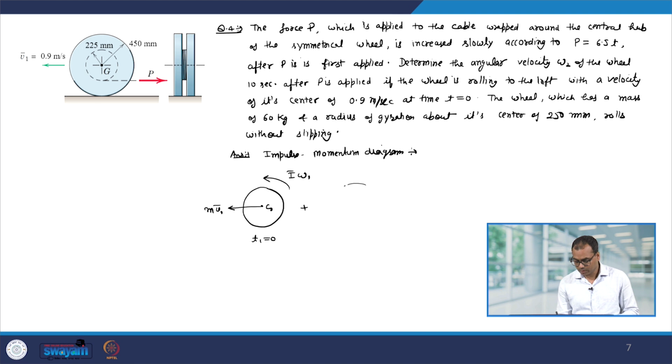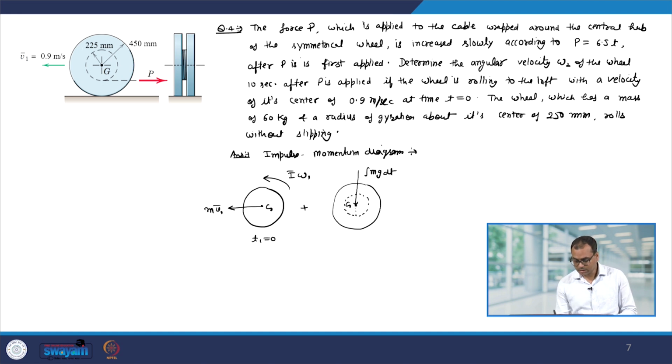So, we have this wheel and this is the hub. First of all, its weight is going to act. Because of the weight, the linear impulse will be integral mg dt.